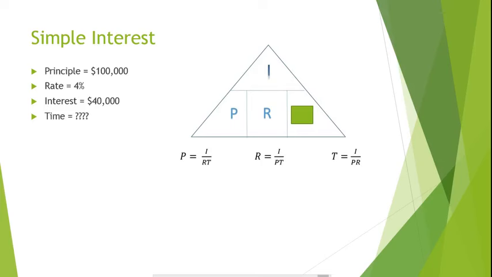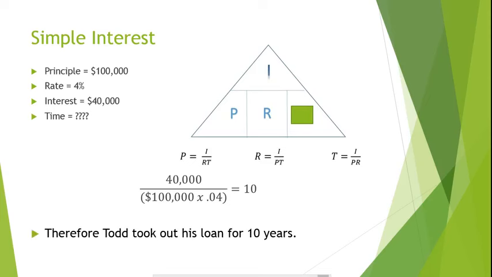Since we're solving for the life of the loan, our formula will be T equals I divided by PR, or time equals interest divided by principal times the rate. So if we plug in our figures, our formula would be 40,000 divided by 100,000 times 0.04, resulting in 10. Therefore, Todd took out his loan for 10 years.